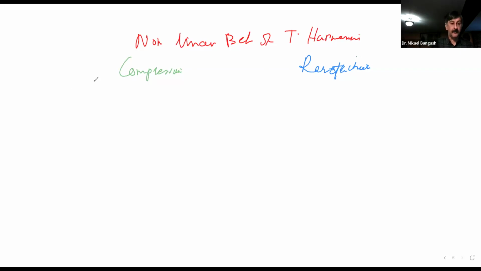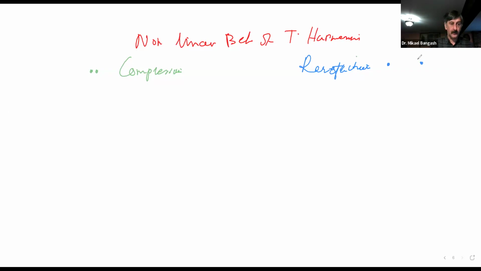What we meant by compression was that particles were close to one another. Rarefaction, we meant that those same particles, for instance, were farther away from one another.